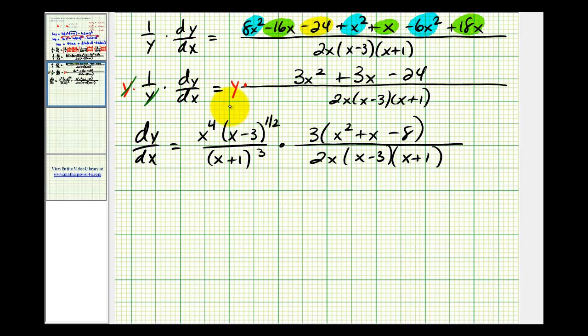So again, here we multiplied both sides of the equation by y to solve for dy/dx, and y is equal to this quotient from the given problem, and then we're going to multiply it by this fraction here. So now we need to simplify.